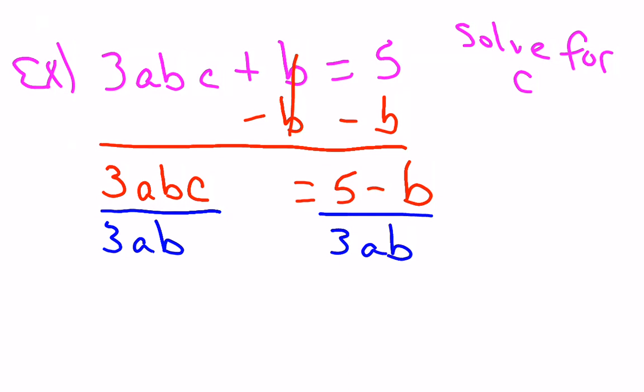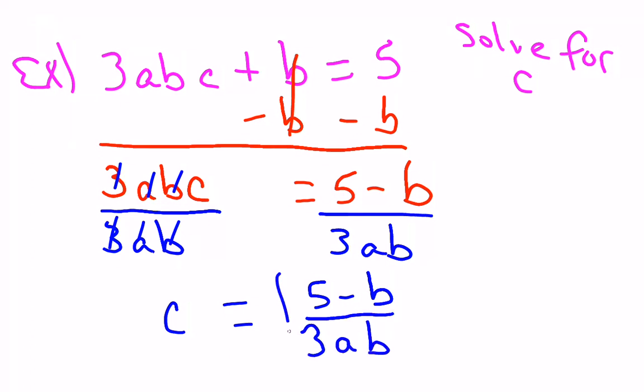And what happens is we see that 3 divided by 3 is 1, a divided by a is 1, b divided by b is 1, so we have c left on the left side. And again, on the right side, we just keep stacking it up. So we have 5 minus b divided by 3ab. And then there we go. So this whole thing would be our answer. Okay.